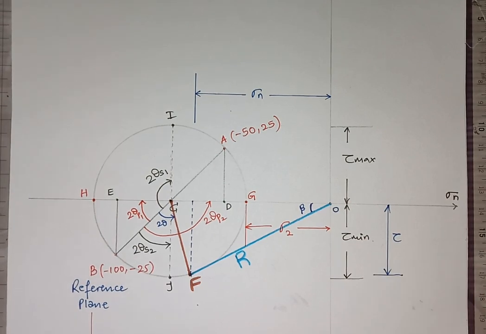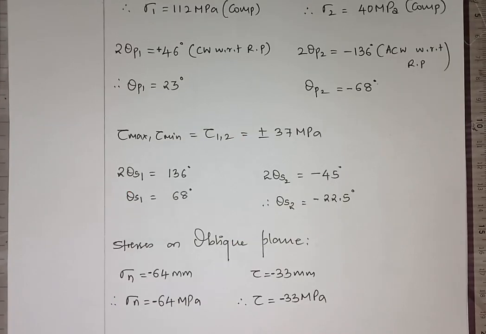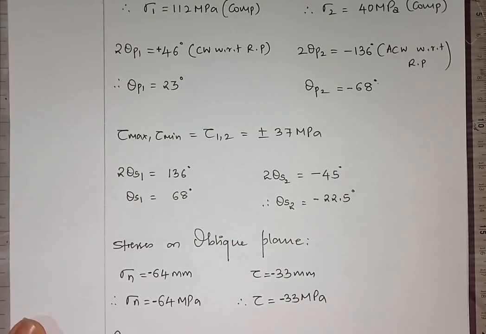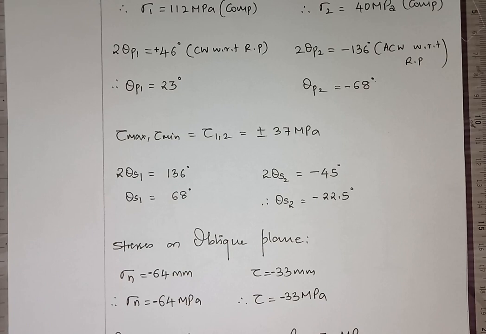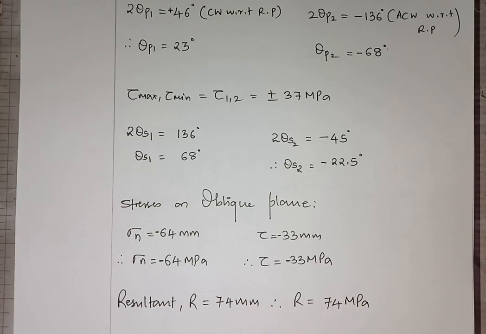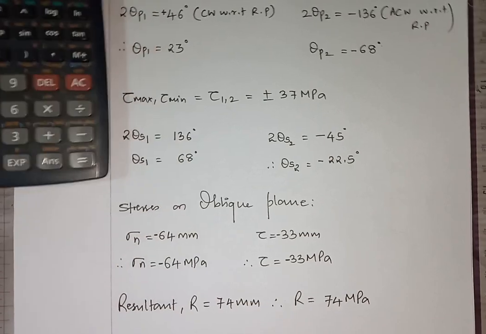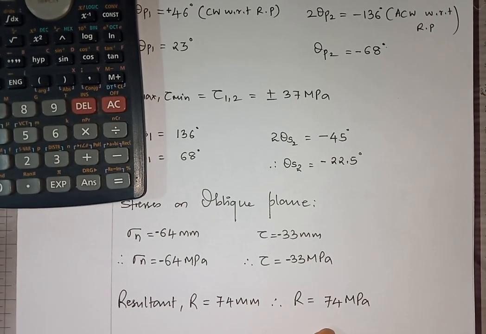So the resultant R is measured as 74 mm. Therefore R is equal to 74 MPa. This is according to my graphical method.